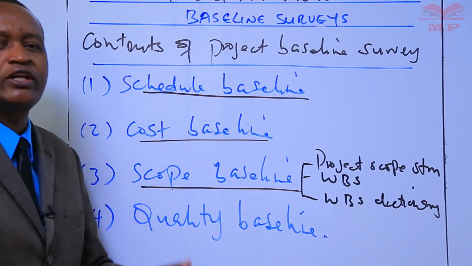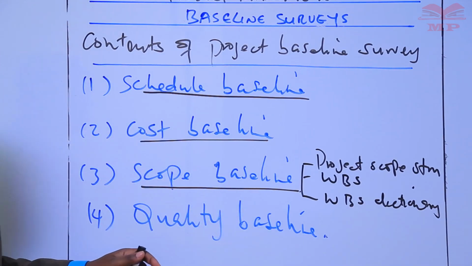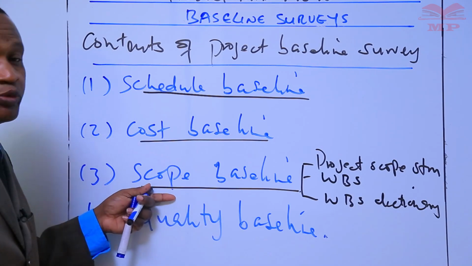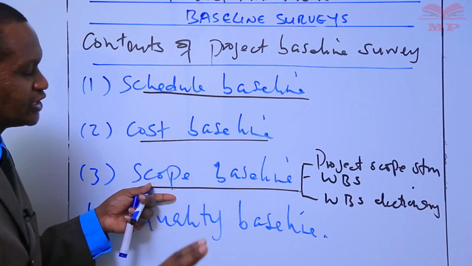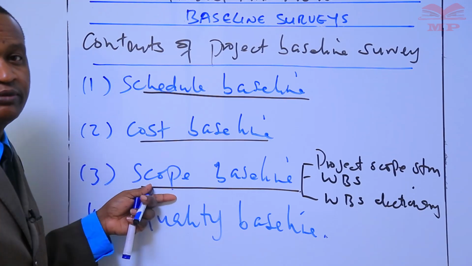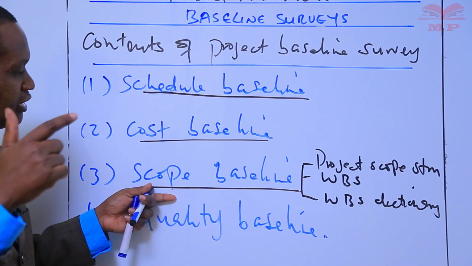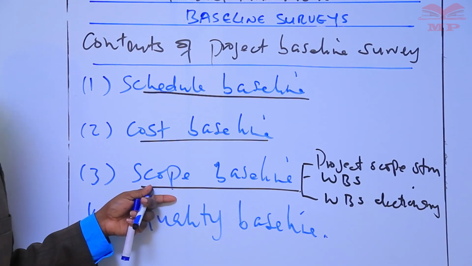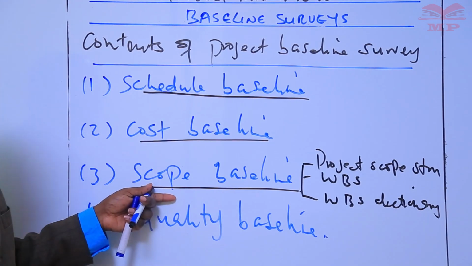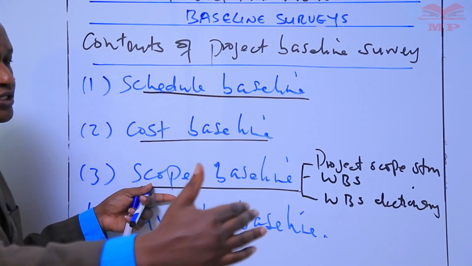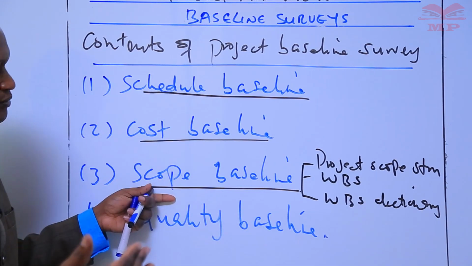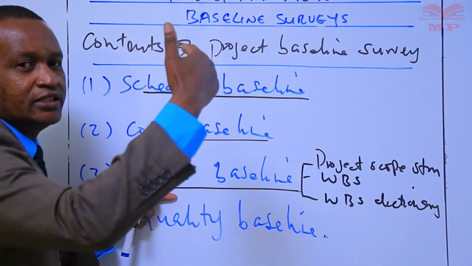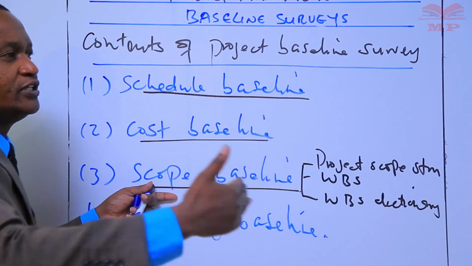The scope baseline outlines what has to be done and what should not be done. Their actual performance must conform to the scope baseline in order to meet the project requirements.